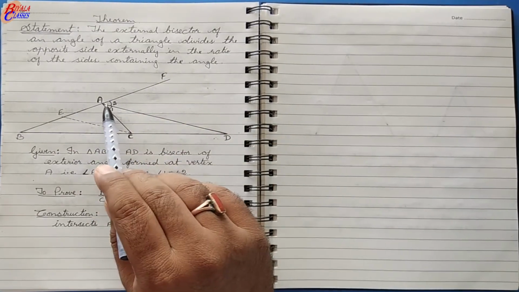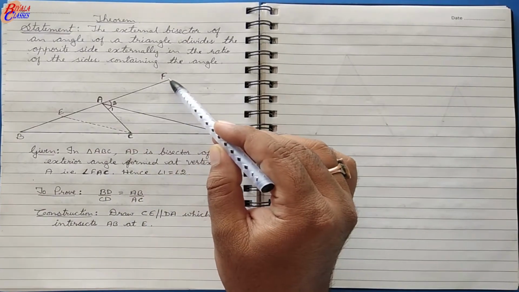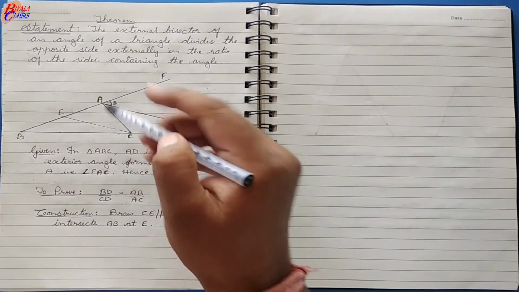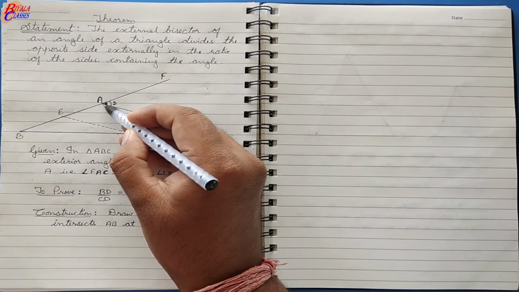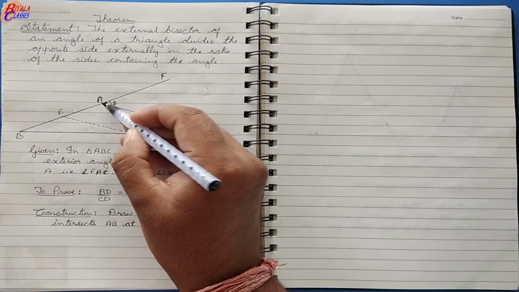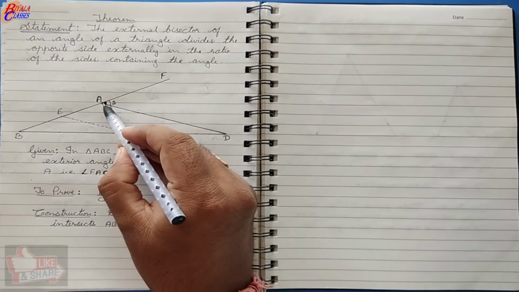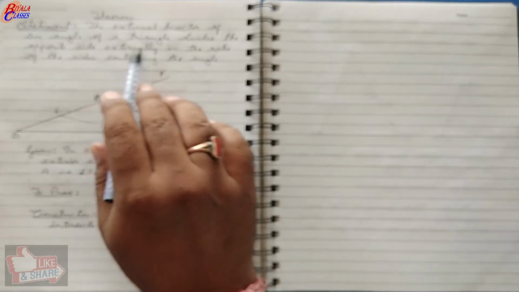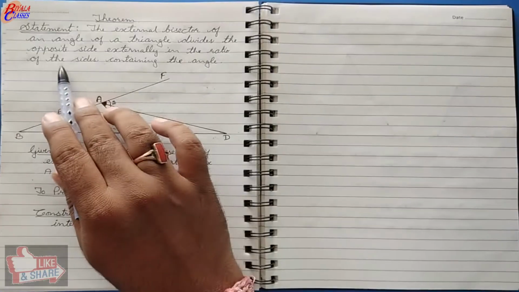Now just see here, this is the triangle given to us, ABC, where angle FAC is the exterior angle which is formed. Now AD is the bisector of this exterior angle. What does the statement say? That the external bisector of an angle divides the opposite side.